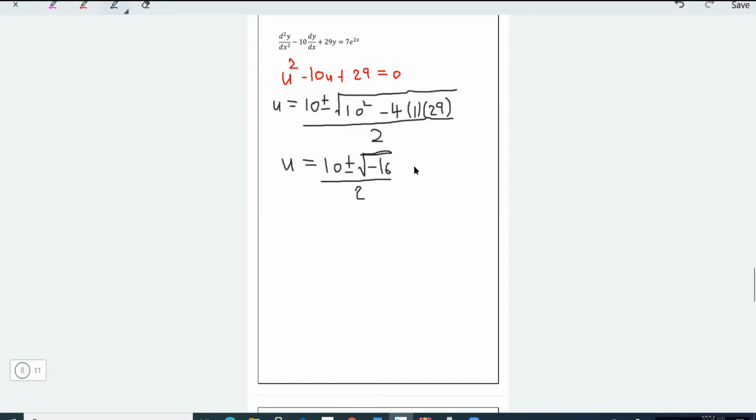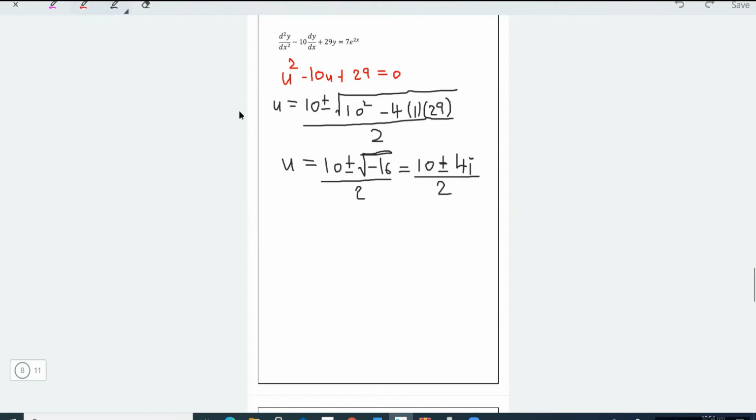Nice. So what that works out to be is u is equal to 10 plus or minus the square root of negative 16, which is 4i, over 2. This is what we have.